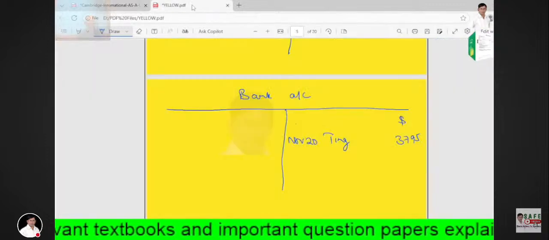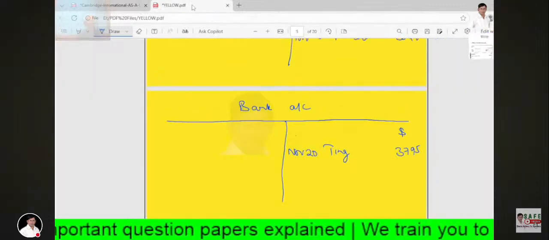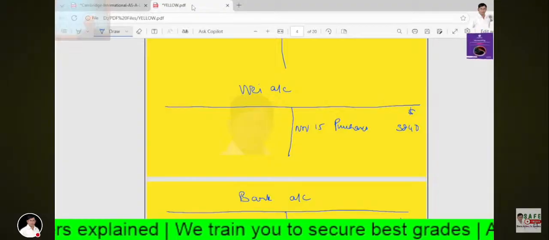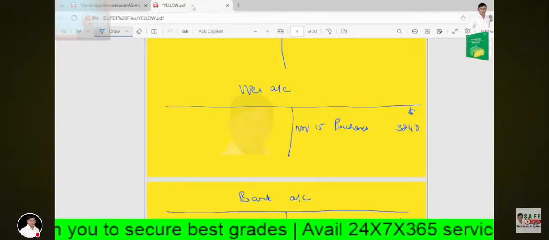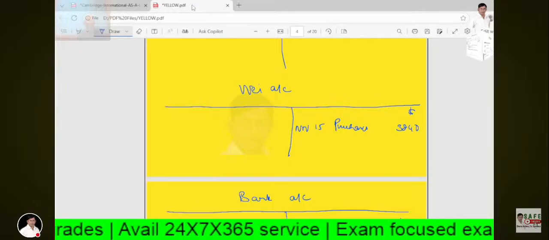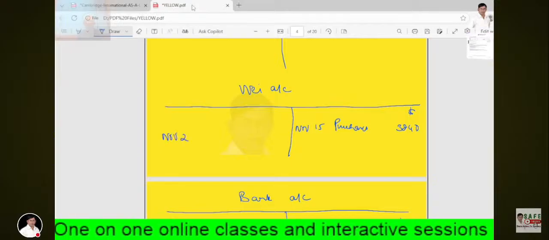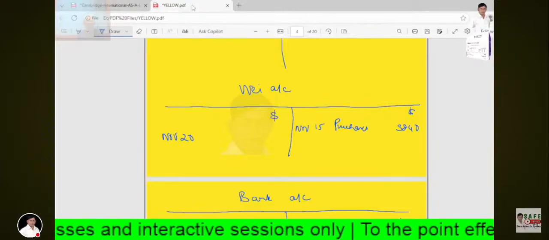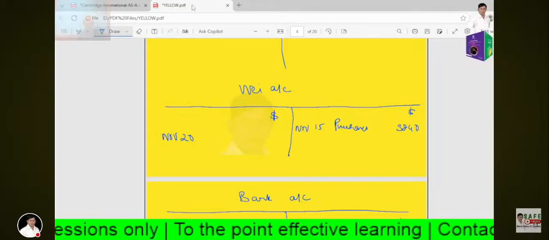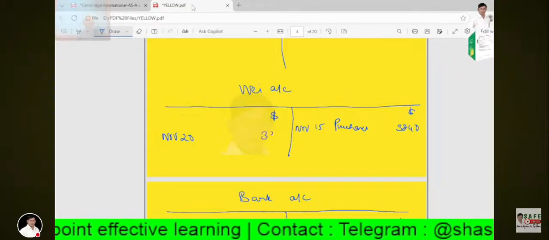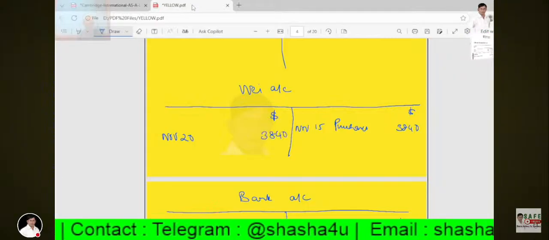So let us see. V, how much have we purchased? We have purchased 3840. So obviously we have to pay him 3840, on November 20th. So what account will be debited?